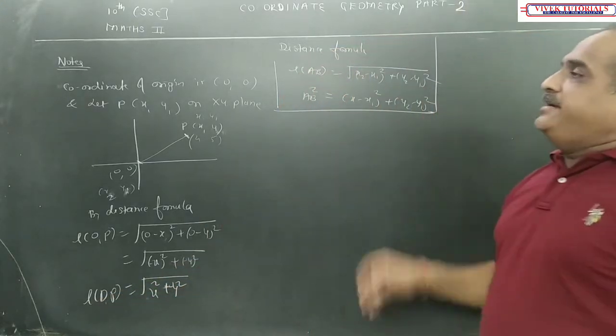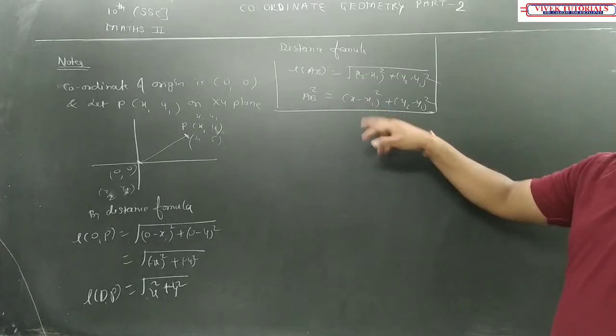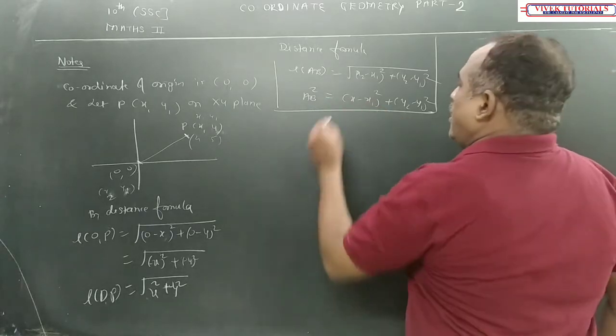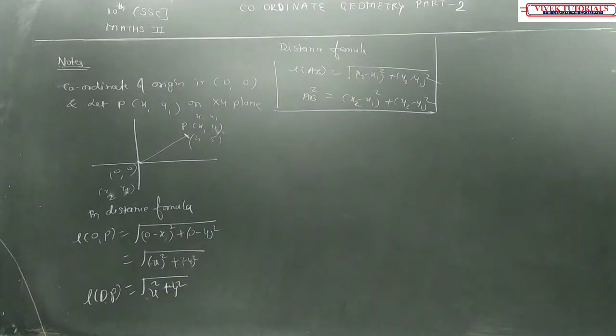That's it. And the distance formula is the square root of x2 minus x1 the whole square plus y2 minus y1 the whole square, or AB square is equal to x2 minus x1 the whole square plus y2 minus y1 the whole square. Please copy it down properly. Then we are going to start with the practice set.